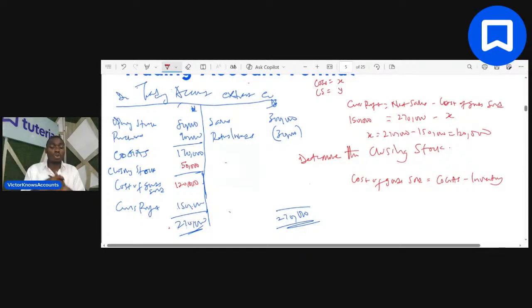Now, our cost of goods sold, we have determined that already. We have determined it to be 120,000. So 120,000 equals cost of goods available for sale, 170,000, minus Y, closing inventory. So Y therefore equals 170,000 minus 120,000 equals 50,000.